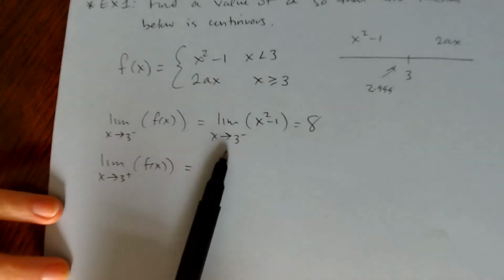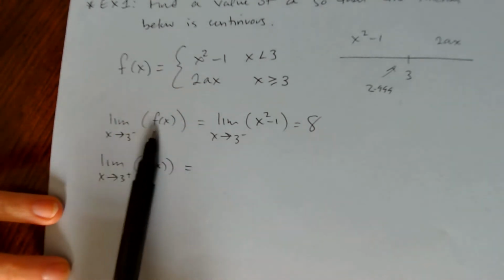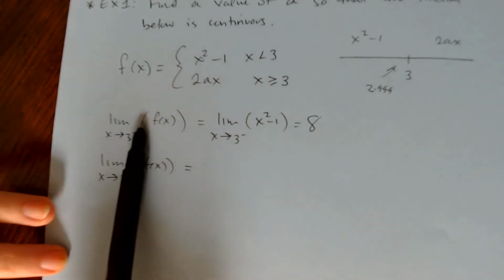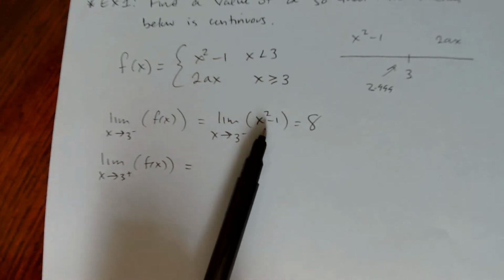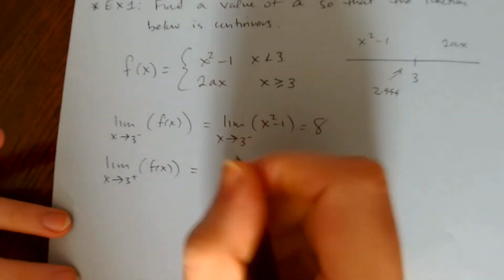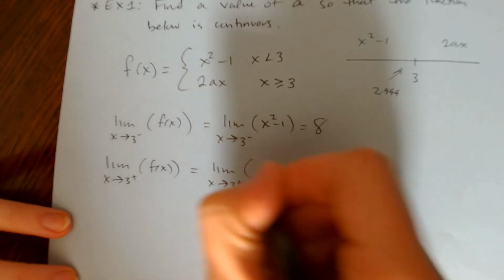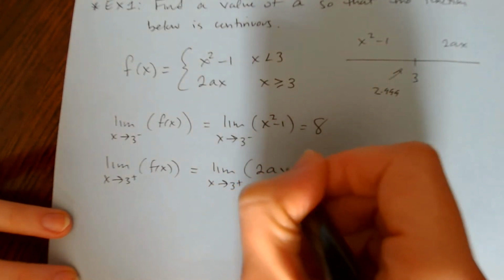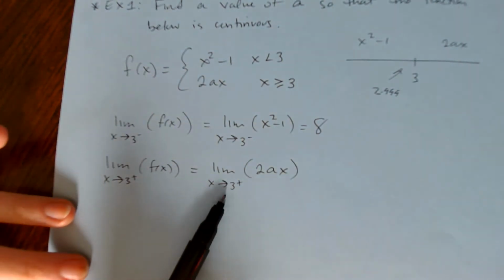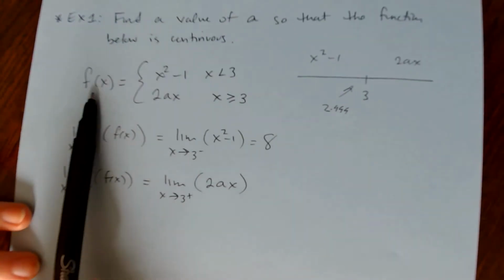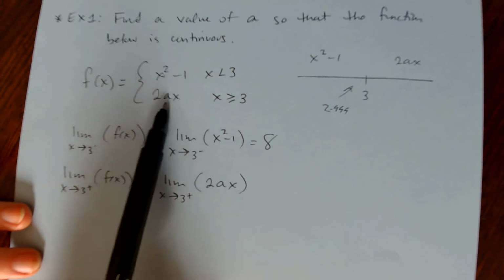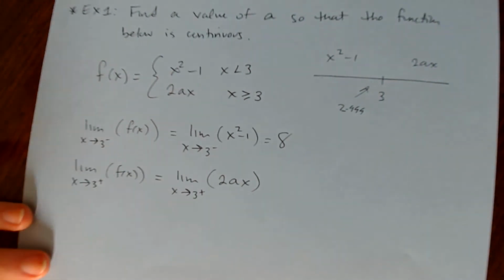Like the limit is where it's supposed to be, and what's in the parentheses is clear. Okay, so this is the limit as x approaches 3 from the right, because for x values to the right of 3, f of x is defined using that piece.